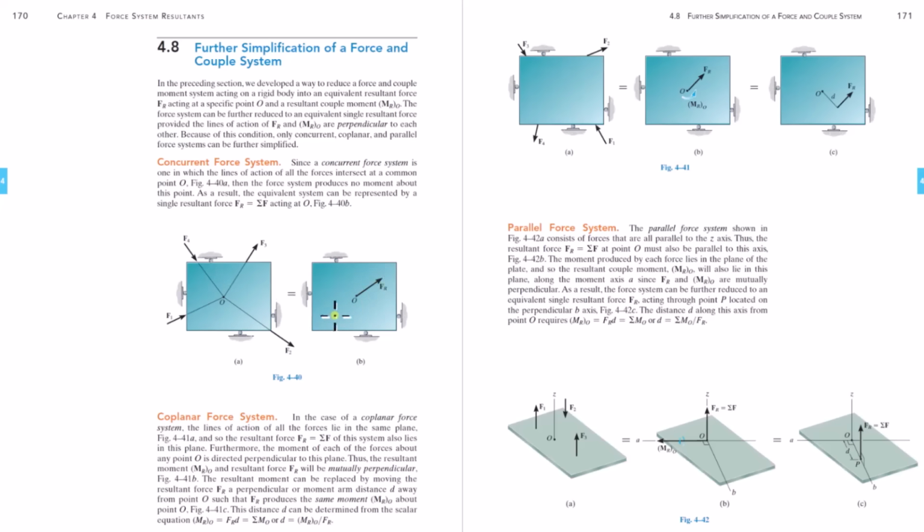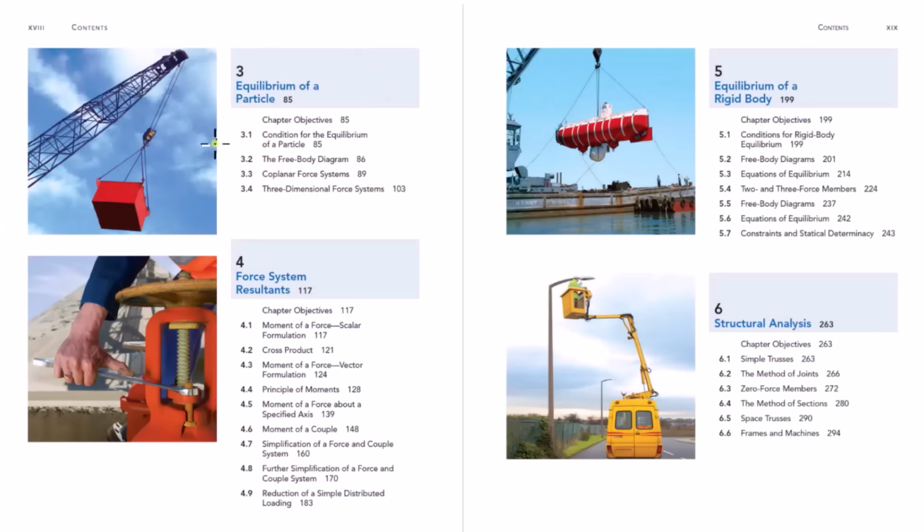But for the free body diagram, you could use the particle assumption. You could model the entire body as just a particle at a point with all of the forces at that point. For the case of static equilibrium, that point didn't have to be the center of mass. For the dynamic case, if the object is accelerating, then it had to be the center of mass. And that's what chapter 3 was about, the equilibrium of a particle. It came before chapter 4 because moments aren't involved for concurrent force systems in 2D or 3D.